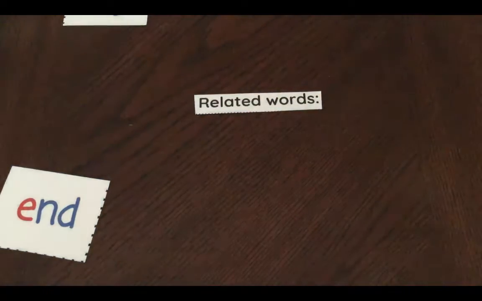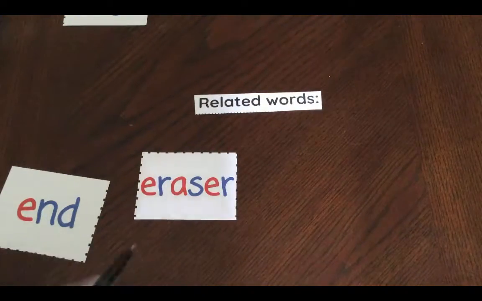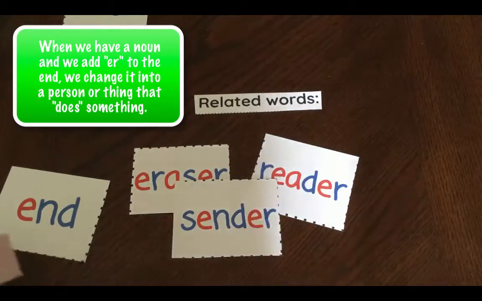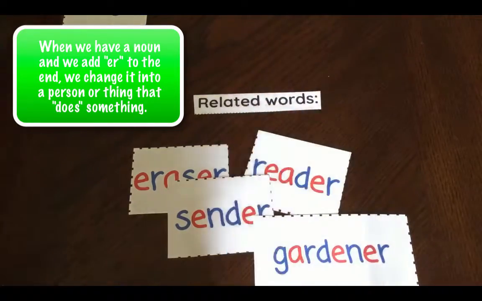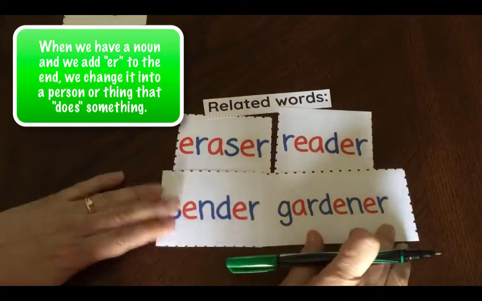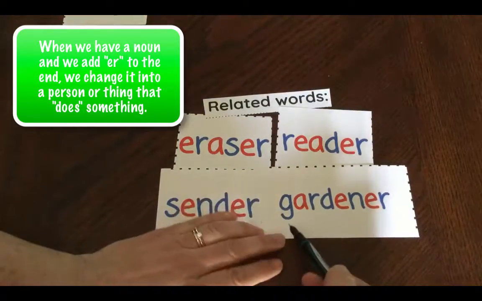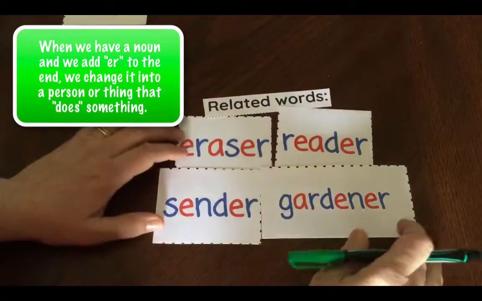Now I'd like to consider a few related words. Because if I go back to the idea of an eraser, a reader, a sender, or even a gardener, I've got that ER ending, which tells me it changes the word from something to something or someone who does.